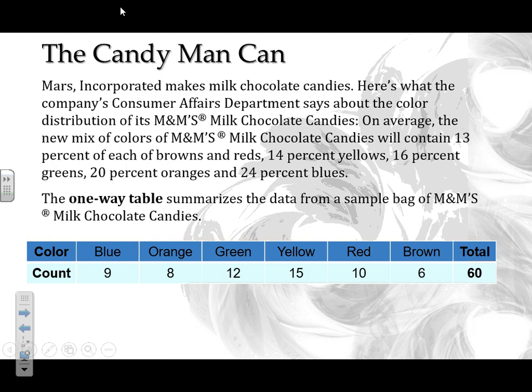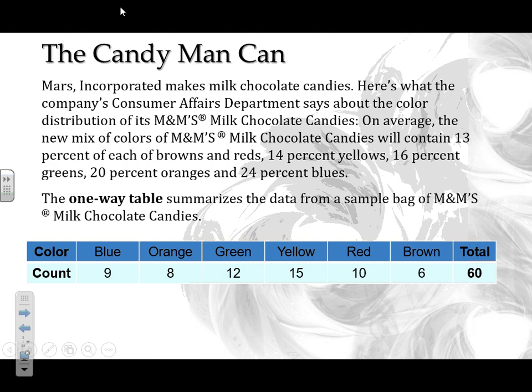So these are not percentages. It's not 9% were blue, 9 actual candies were blue. The problem gave us values in percents, and we got values in terms of counts. And it's important to recognize the total. There were 60 total M&Ms in that particular bag.